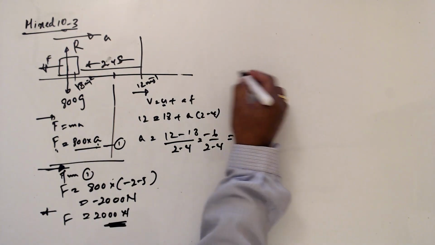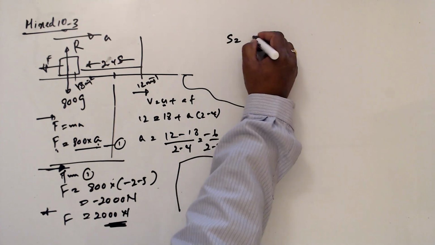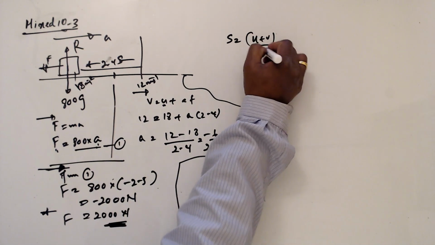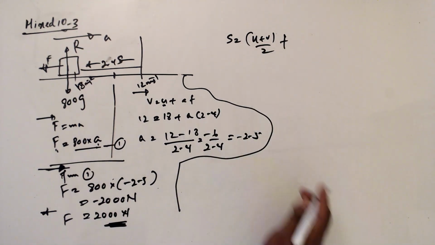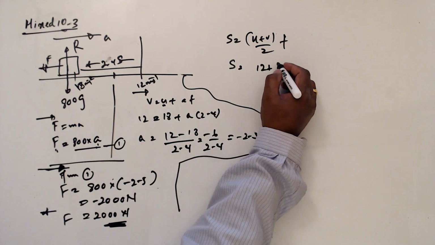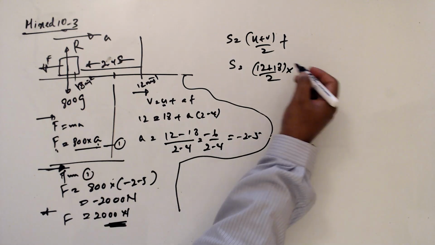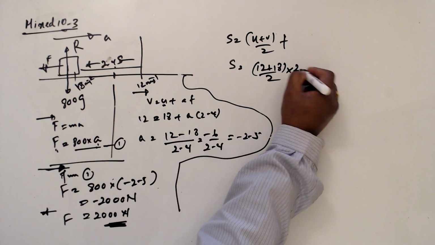Next we need to find the distance. So we can use s equal u plus v divided by 2 times t. So s equal 12 plus 18 divided by 2 times the time, which is 2.4.